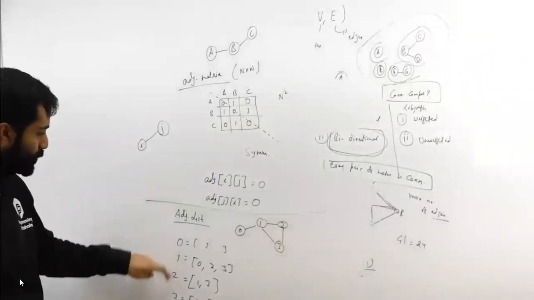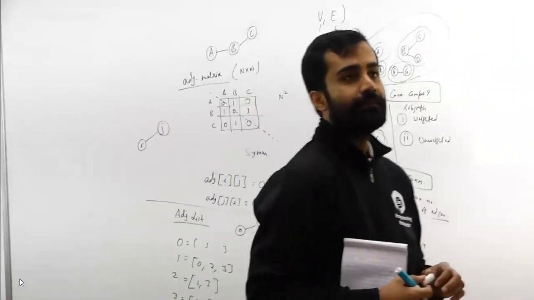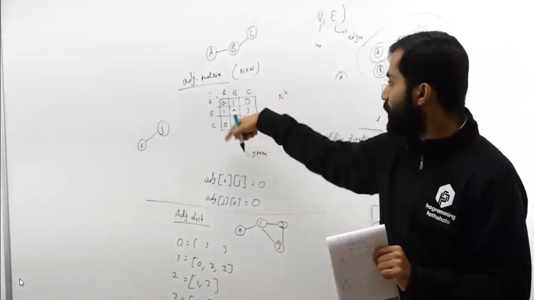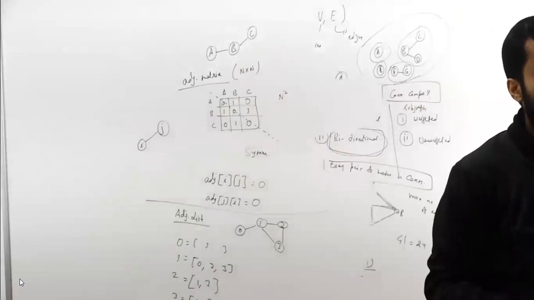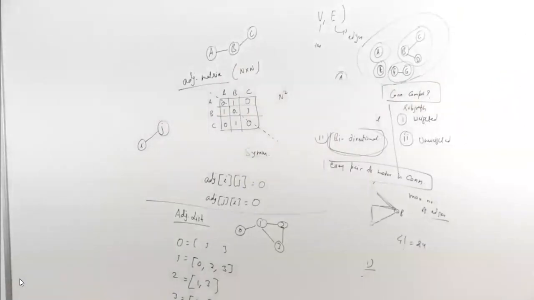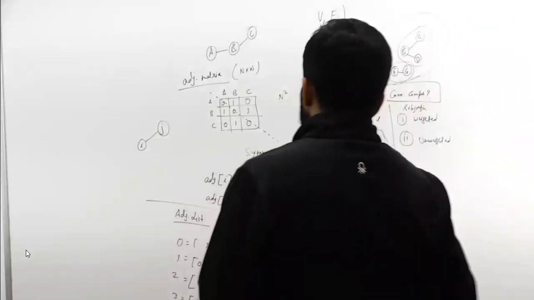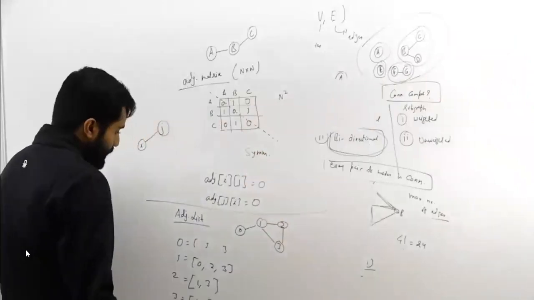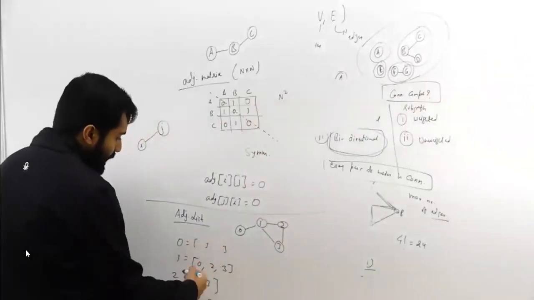Now, how can I store this representation? So this was quite easy. All of us know a two-dimensional matrix or a vector of vector or a list of list. But how will you represent the adjacency list representation? Yeah, you can again use an array of array or a vector of vector. But the point to keep in mind over here is that the different vectors will have different sizes.